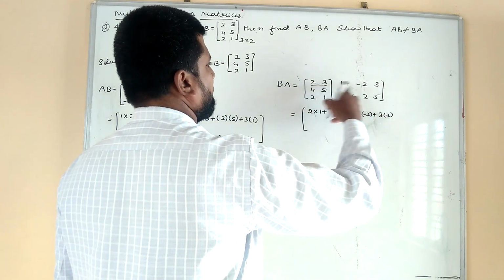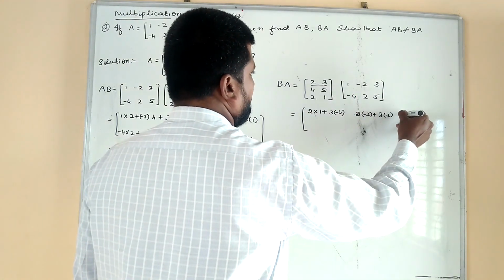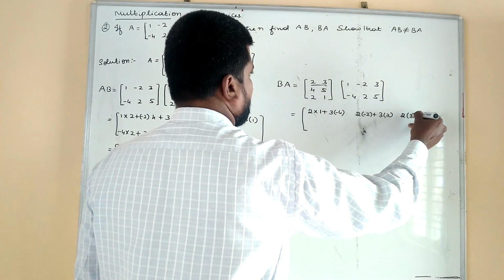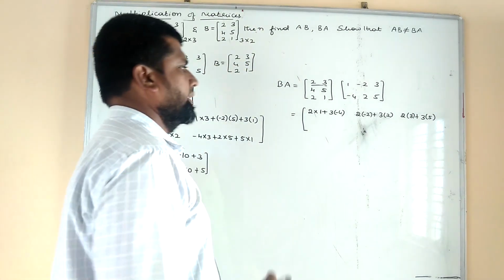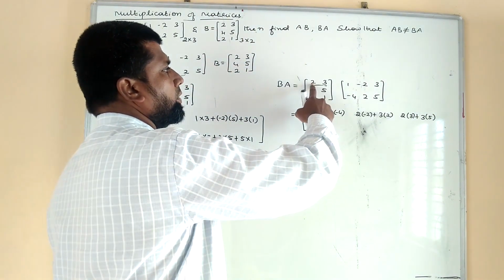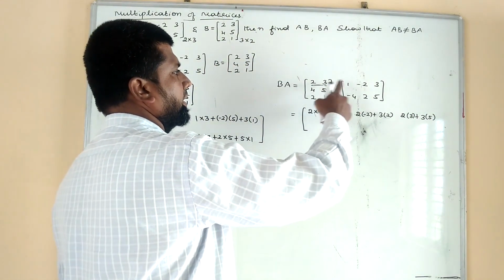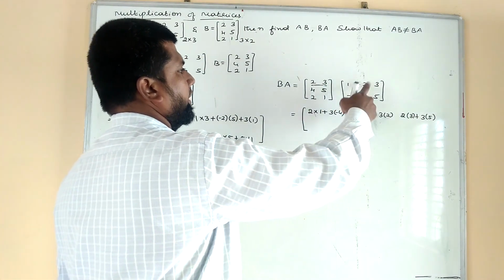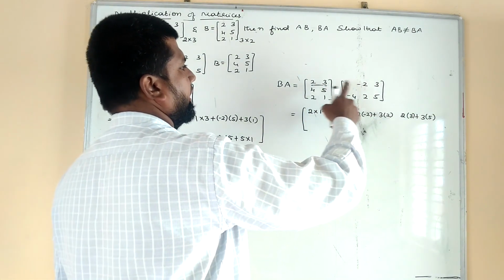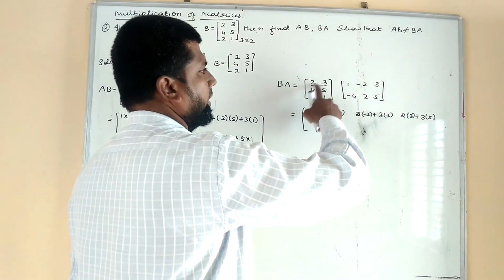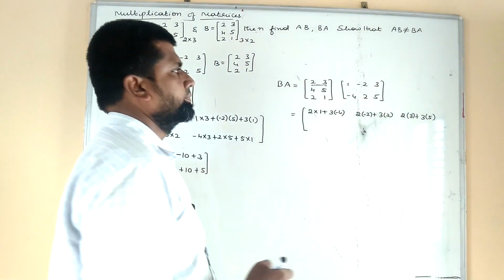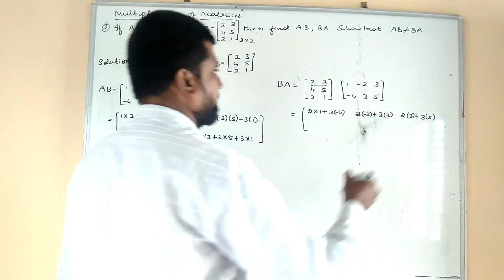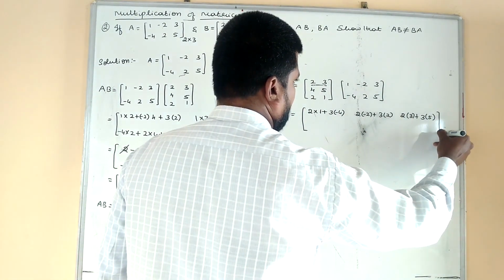Then first row, third column: 2 into 3 plus 3 into 5. So let us verify. I have completed the first row with the 3 columns.